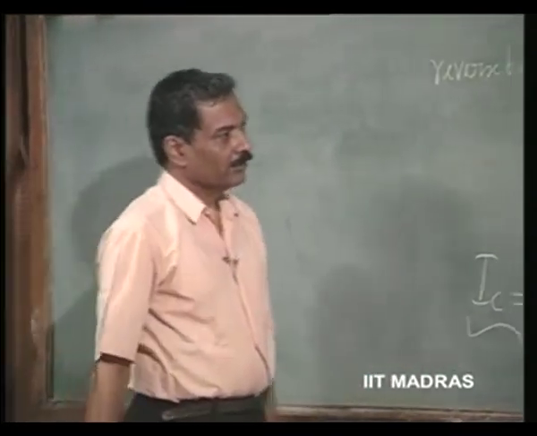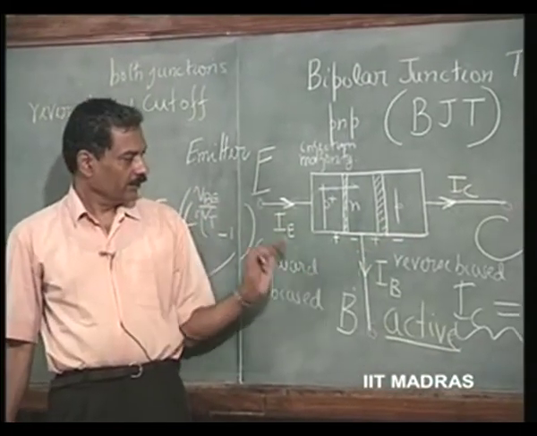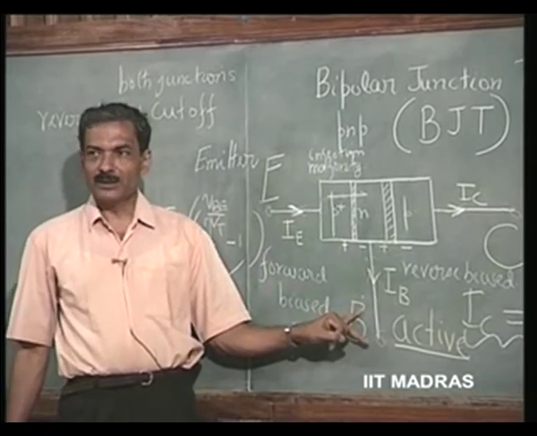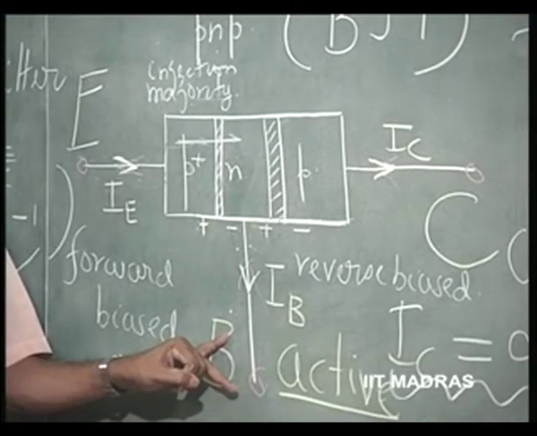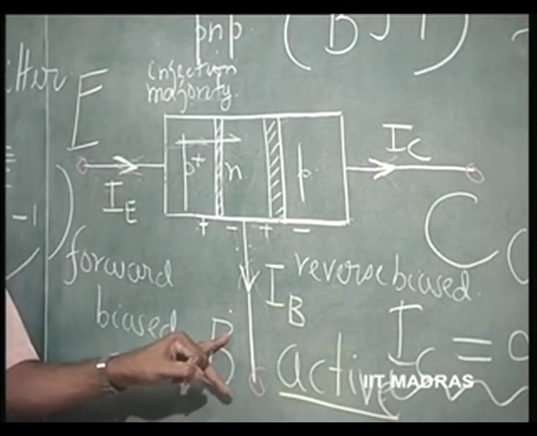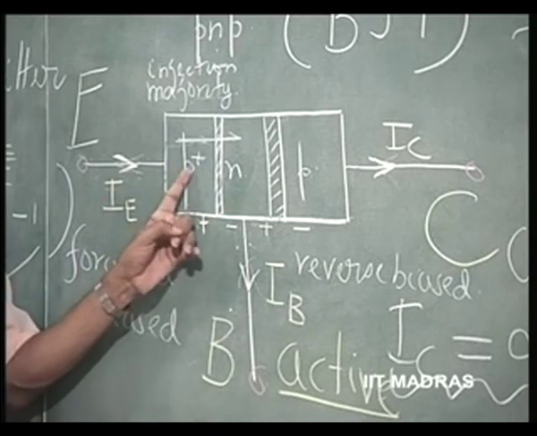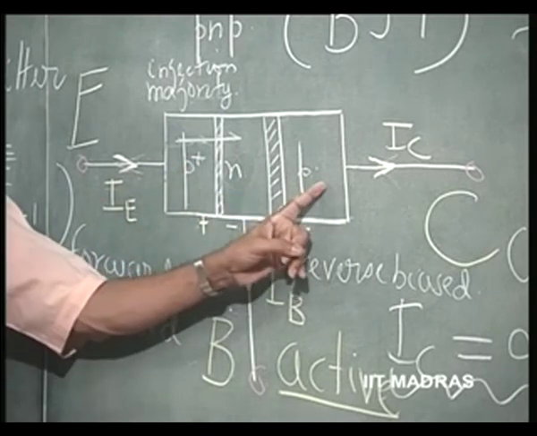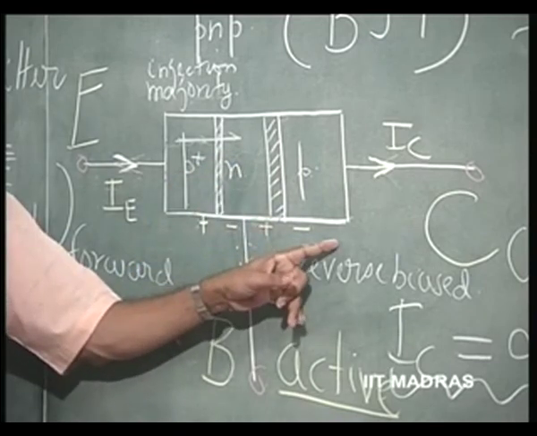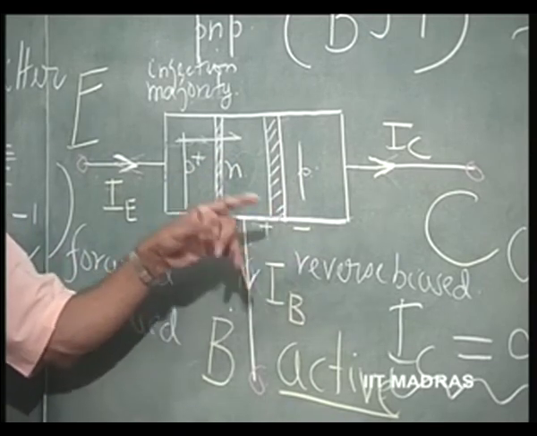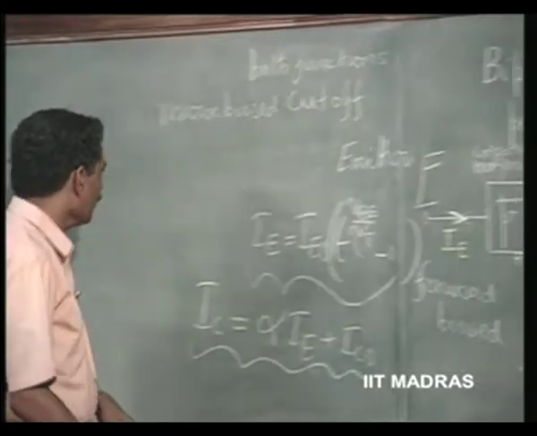Now, collector base junction forward biased and emitter base junction reverse biased is called the inverse mode of operation. You are not supposed to operate a normal transistor this way, because we have designed this transistor with this junction heavily doped. This is not so heavily doped. So, its efficiency is poor, and its alpha is not going to be as close to 1 as this one is.